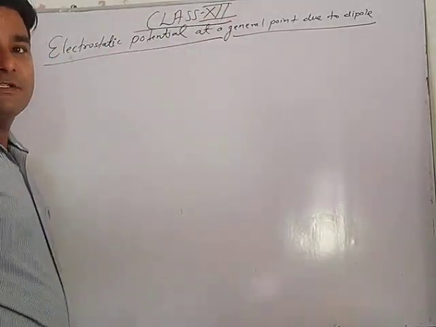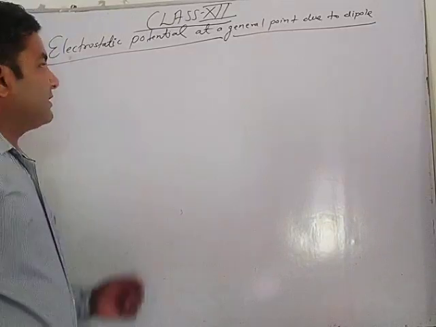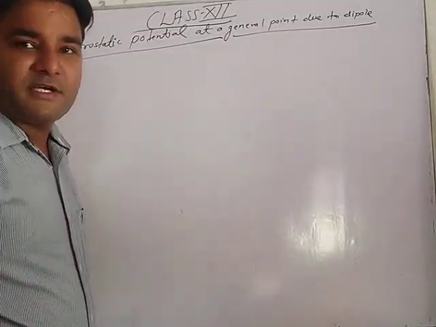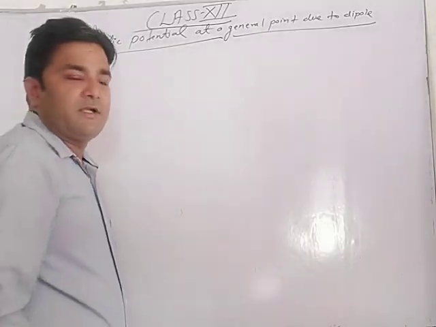This is a class 12 physics lecture, and in this lecture we are just going to derive the formula for electrostatic potential at a general point due to an electric dipole.